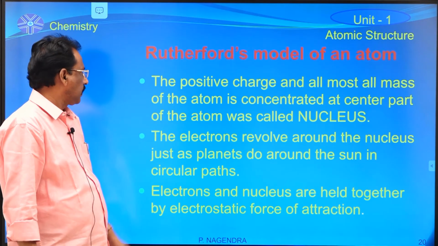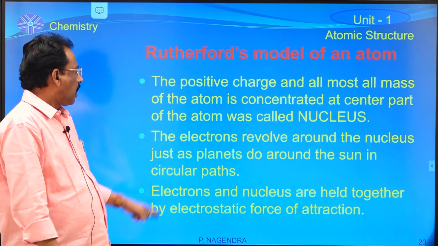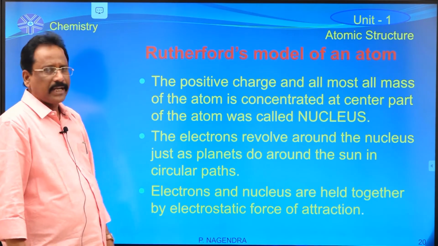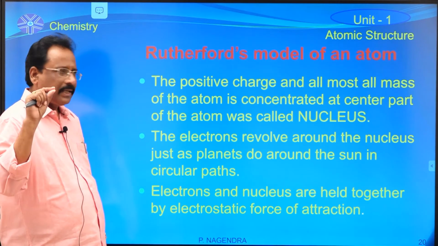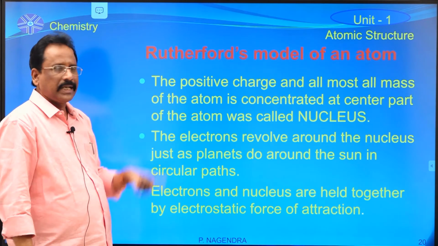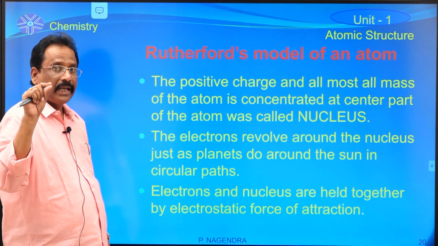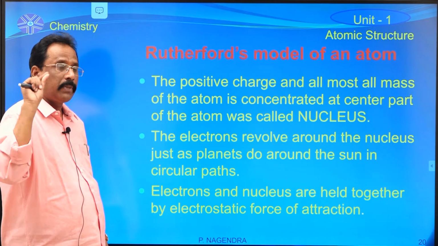According to Rutherford, the first assumption in his atomic model is that almost all mass of the atom and positive charges are concentrated at the center part of the atom, which he called the nucleus. That means each and every atom has a nucleus. Its charge is positive, remember that.